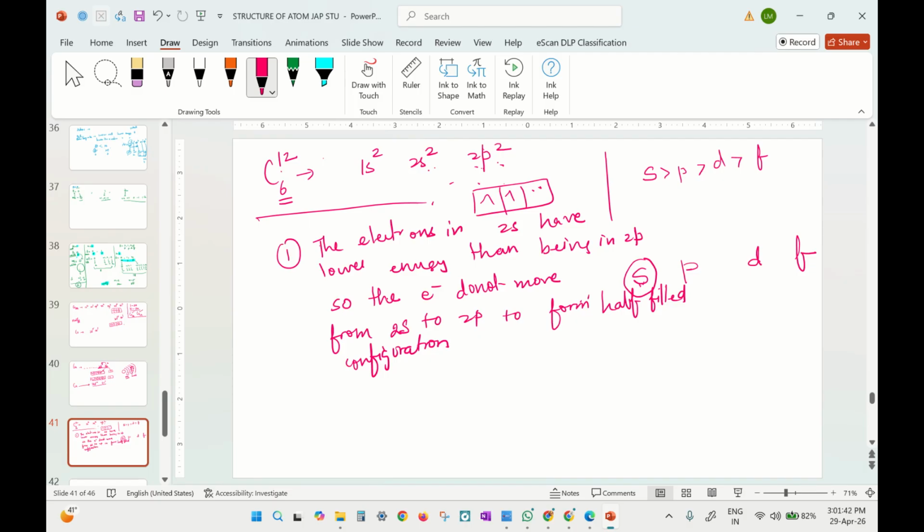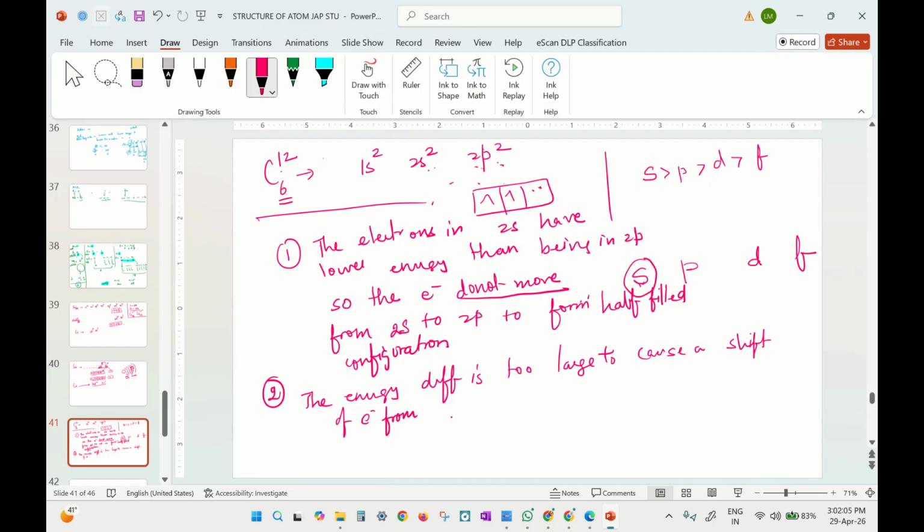They do not shift. Number two, the energy difference is too large to cause a shift of electron from 2s to 2p.